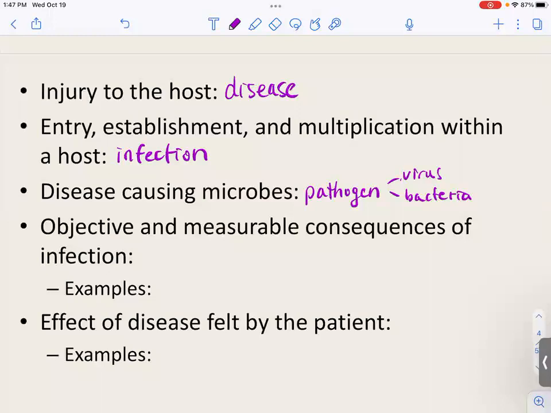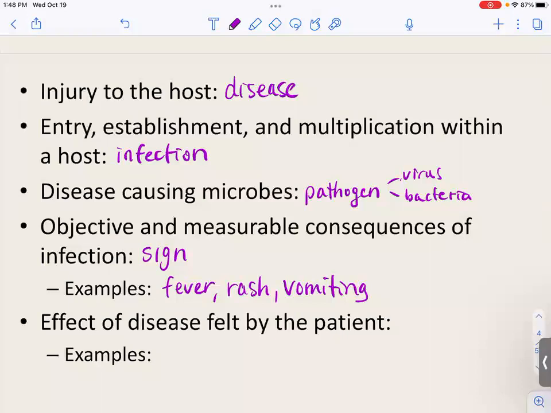An objective and measurable consequence of infection, we would call that a sign. For example, maybe fever, a rash, diarrhea, vomiting. We can measure that and see that when a patient is exhibiting those signs.